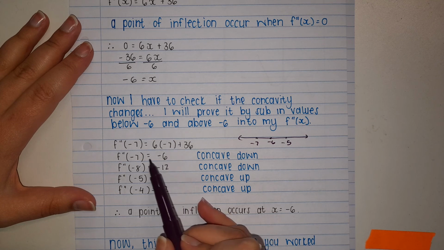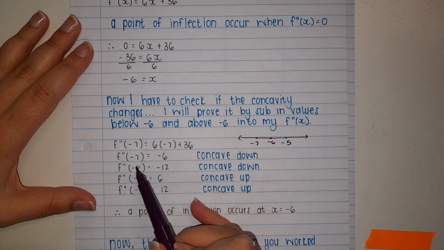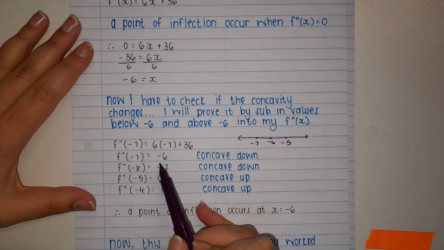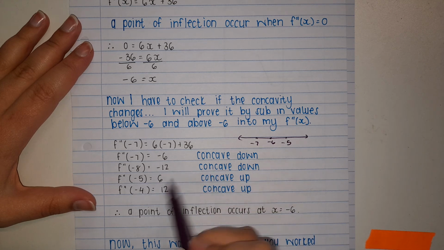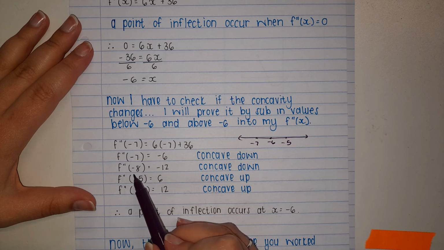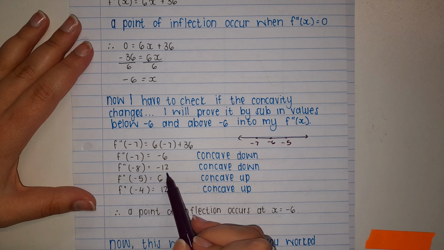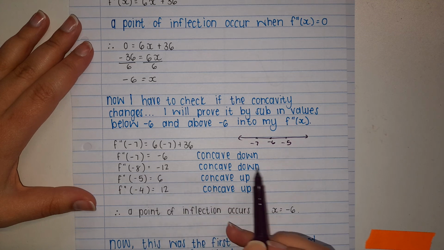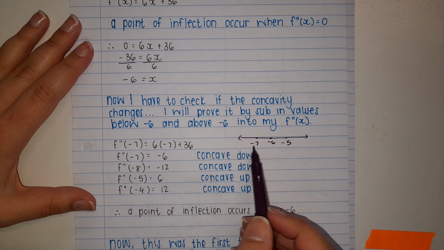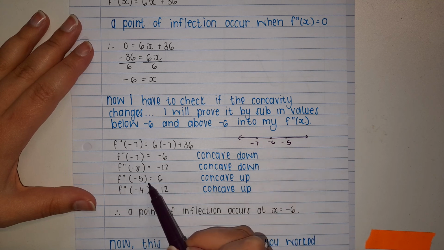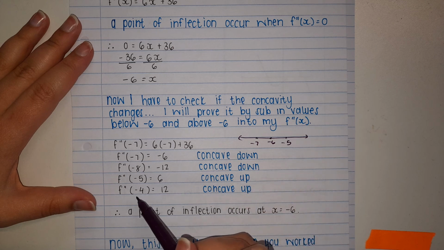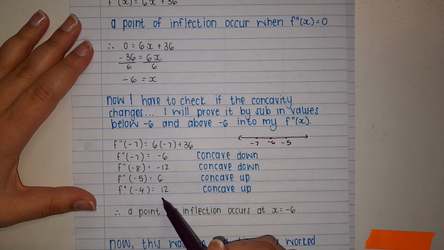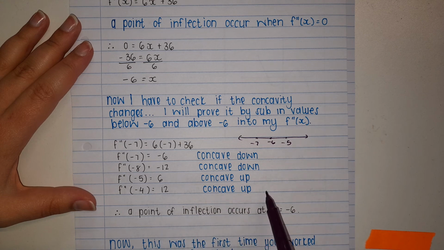Substituting it in, my second derivative at -7 is equal to -6, which means it is concave down. If I substitute in -8, I get -12, concave down. If I substitute on the right side, -5, I get 6, which means it's concave up. And if I substitute in -4, I get 12, which means it is concave up.